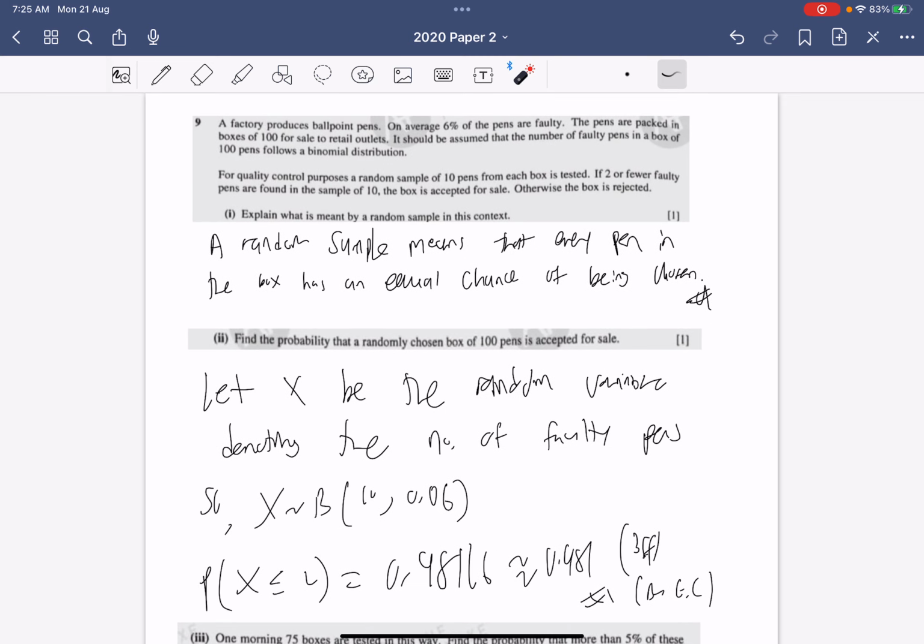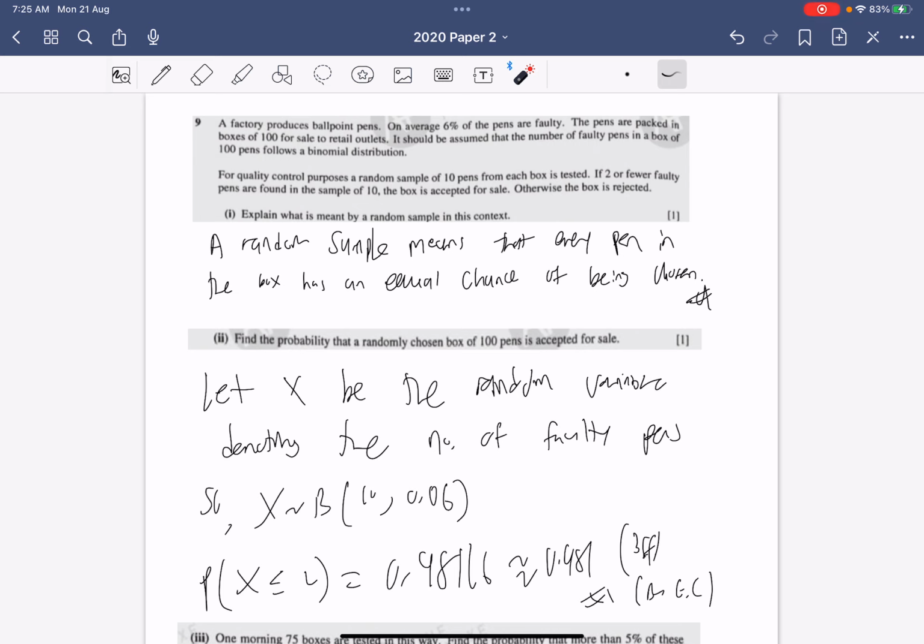So for question 9, it says that a factory produces ballpoint pens, and on average 6% of them are faulty. The pens are packed in boxes for sale, and it should be assumed that the number of faulty pens follows a binomial distribution. For quality control purposes, 10 pens are chosen at random for each sample.